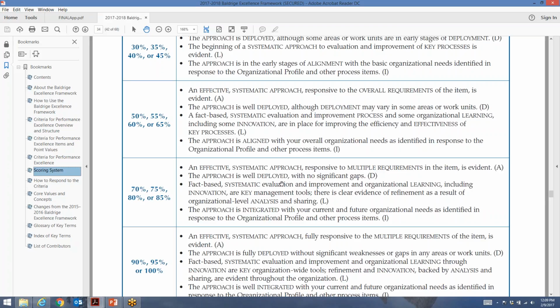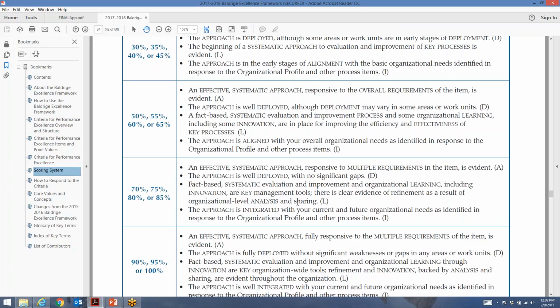I'm going to talk about that in just a minute. Approaches well deployed with no significant gaps. That needs to come through in my writing. I've got a fact-based systematic evaluation and improvement and organizational learning, including innovation. Those are key management tools, meaning those things are part of my leadership system. And there's clear refinement, meaning all those processes that I'm using and describing, I've been around the block a time or two with those, and we've looked at those and improved those.